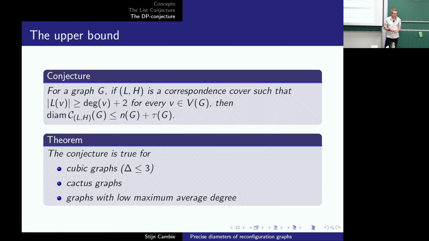I just wonder, about the DP conjecture, under the assumption that the list size L is degree of v plus 2, can we find some path of length n plus 2 times tau in polynomial time or not? So you proved that under that assumption the diameter is bounded by n plus 2 times tau, right?